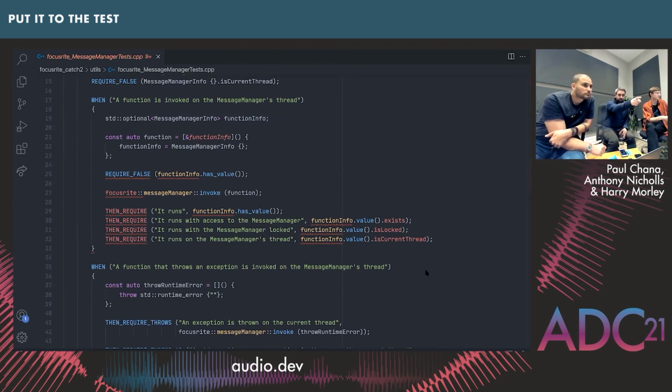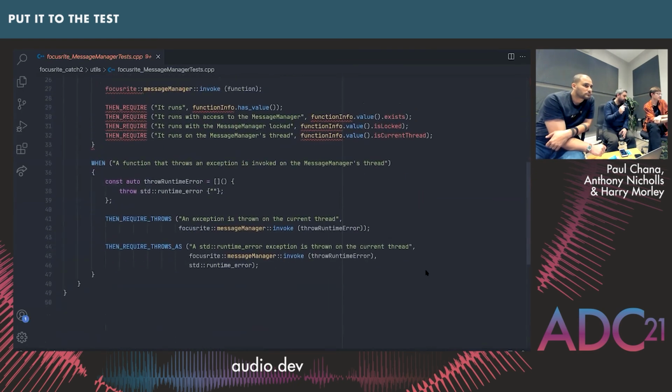So we make a function there, and all we're doing is setting some value, function info, to an instance of this struct, and we check that it doesn't have a value initially, so we haven't actually run the function at that point. We call the Focusrite message manager invoke to run the function, and then we check that yes, now it does have a value, and yes, it exists, and it's locked, and it's running on the current thread, because that happened on the message thread. And the bit that we caught was further down.